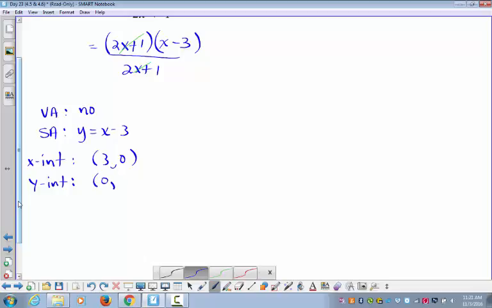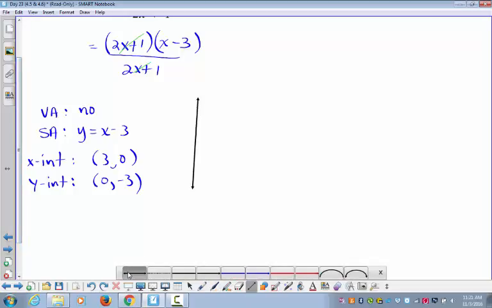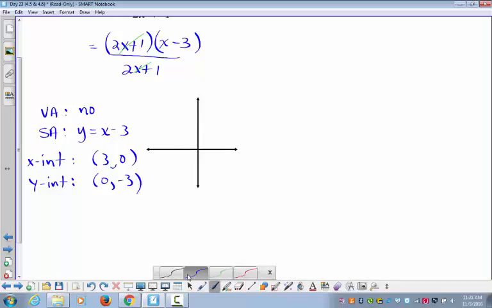So you plug in 0 and you get negative 3. So this function simplifies to just x minus 3. And what is the graph of x minus 3? It's a line.